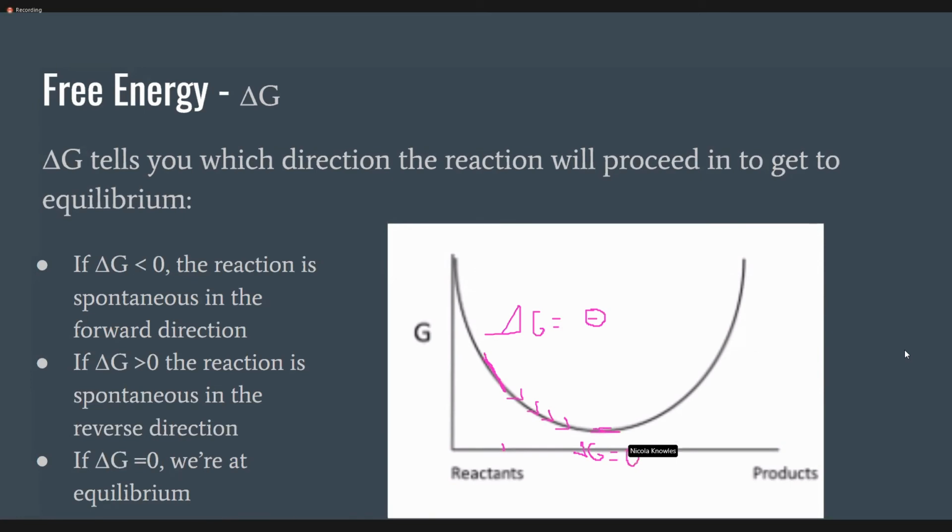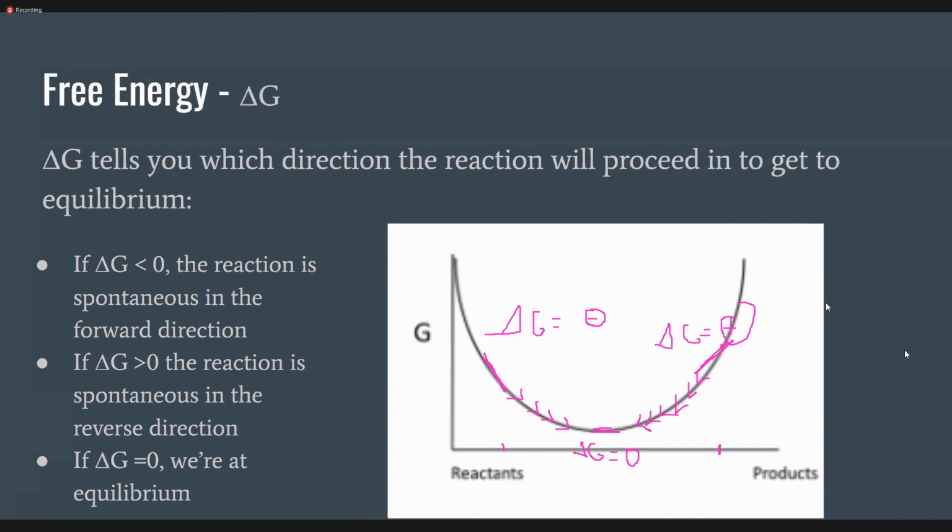Now, similarly, if I calculated delta G at this point in my reaction, I would get a positive delta G, which tells me that the reverse direction is spontaneous and that I need to move in the reverse direction to get to equilibrium. So at any point here, I'm going to get a positive delta G, a positive slope, which means that the reverse direction is going to be spontaneous and I'm going to move in the reverse direction to get to equilibrium.